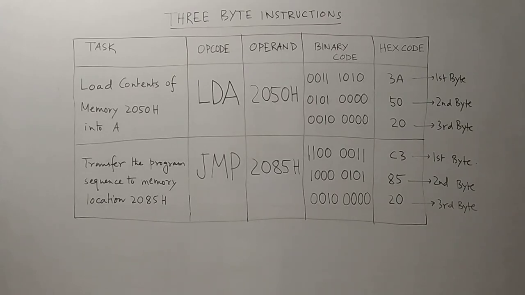Fine. So these 1 byte, 2 byte and 3 byte instructions are very important in terms of any competitive exam or GATE exam or in your semester exams also. Fine.